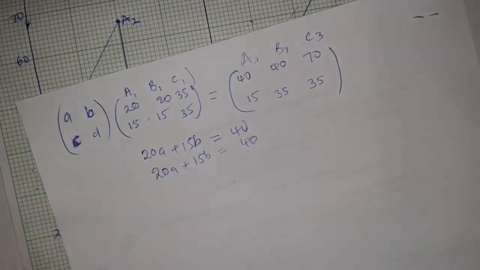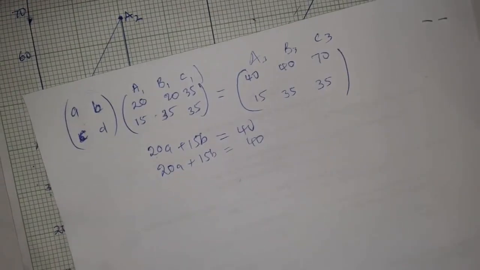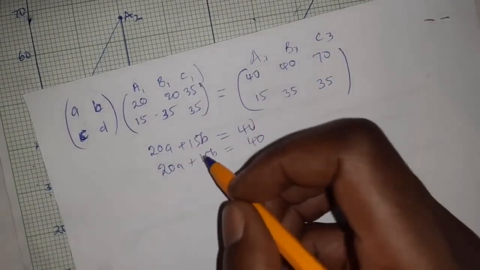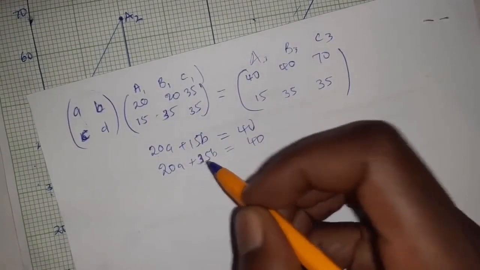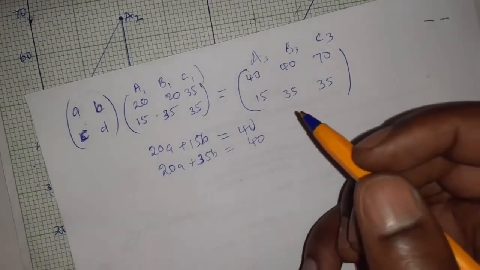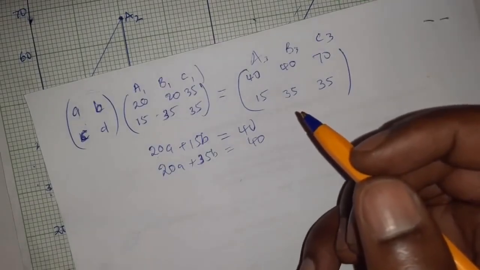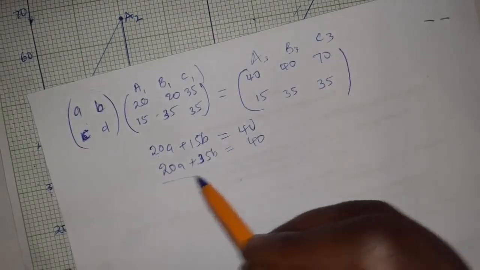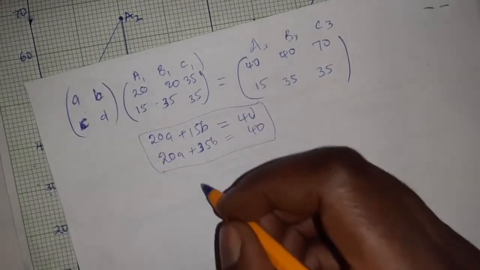Sorry, this is 35 here, it's not supposed to be 15. Then you can work out these simultaneously and get A.